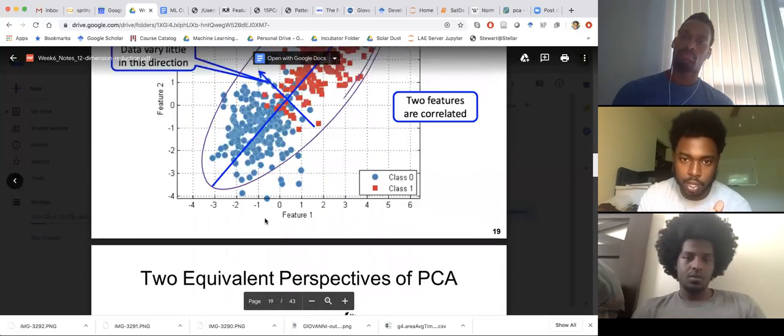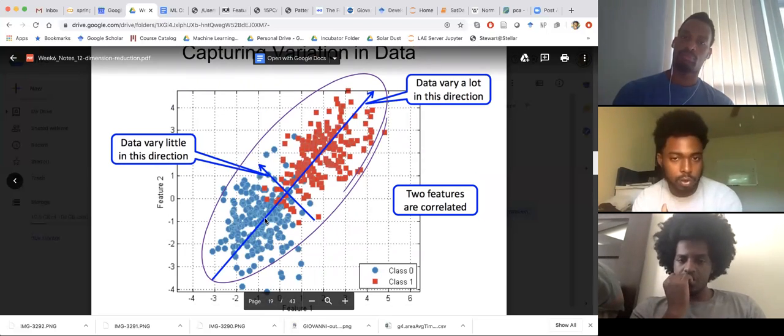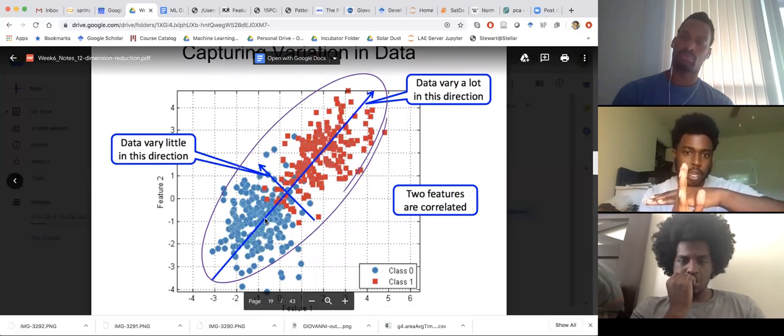One thing I want to bring your attention to is that these lines are perpendicular to one another. So theoretically, you could represent this data set by rotating it, and then you would actually get rid of that correlation.